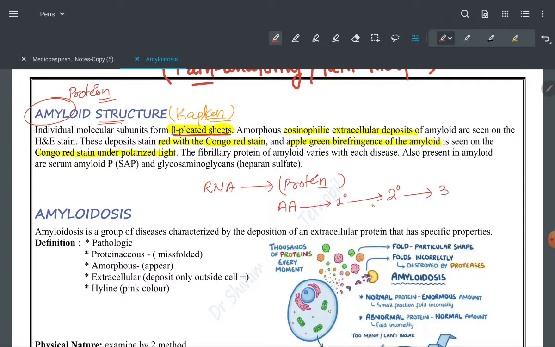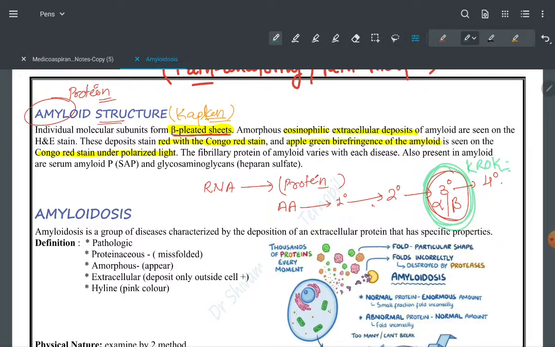Then they go to the tertiary structure, where the alpha helix and beta pleated sheets are available, and then it goes to the quaternary structure. This is a simple way of protein formation in normal physiology. This was actually a question in the 2021 exam, that's why I explained this. So the alpha helix and beta pleated sheet are basically formed in the tertiary or 3D state, right? So just keep it in mind from the exam point of view.